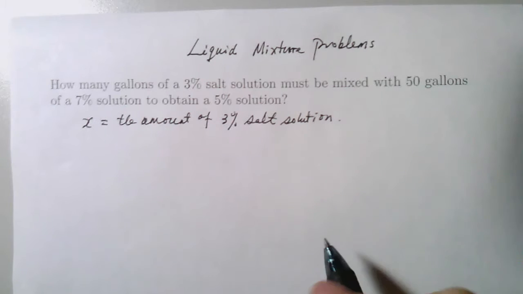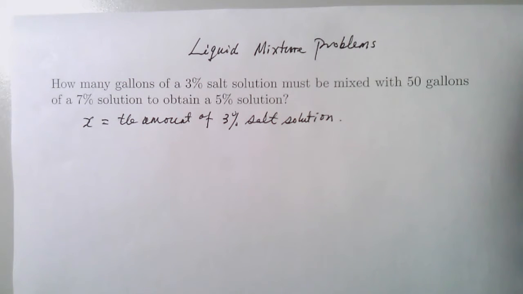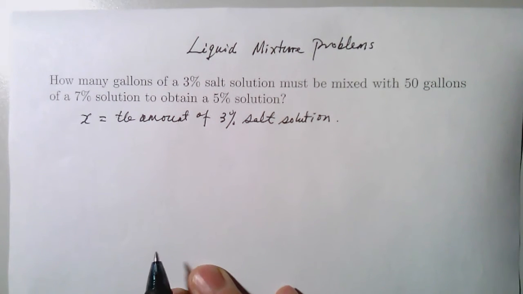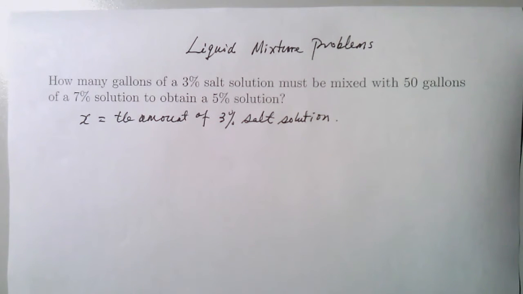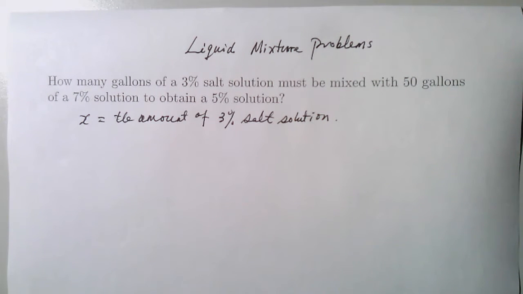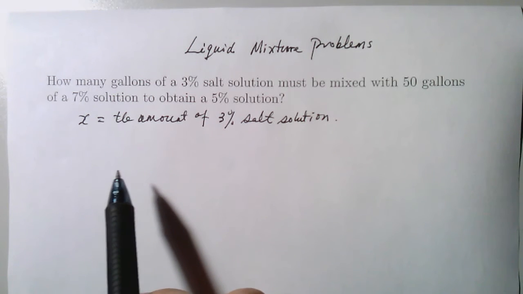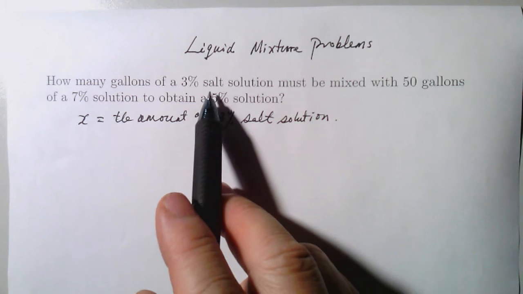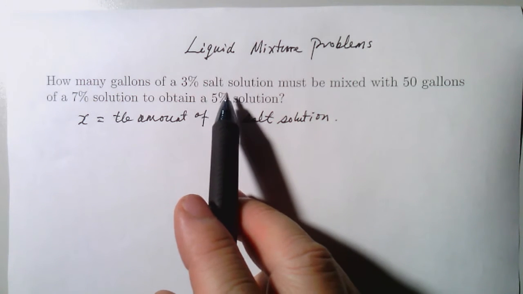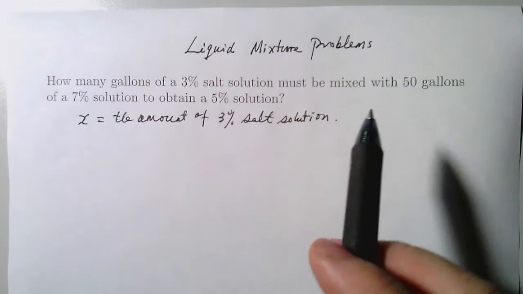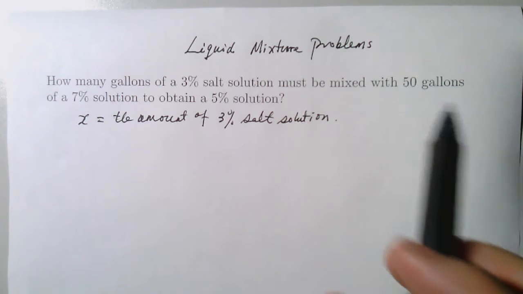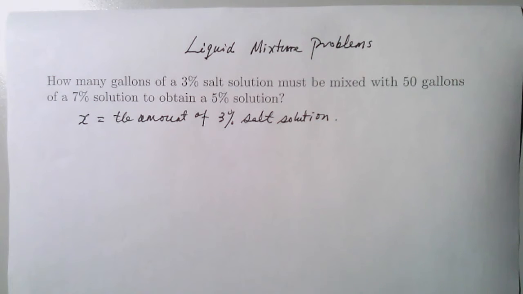Before we set up the equation, we want to know the rule or principle for this kind of problem. The main rule is this: the total amount of salt before mixing and the amount of salt after mixing must be equal.